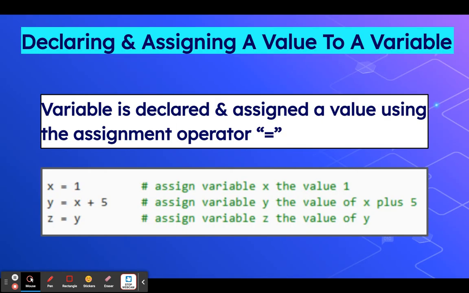So, declaring and assigning a value to a variable. A variable is declared and assigned a value using the equal sign. So what that means is wherever you see x, it equals 1. Whenever you see a y, it equals x plus 5.